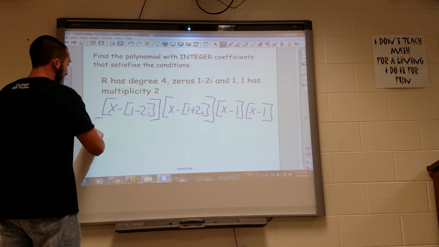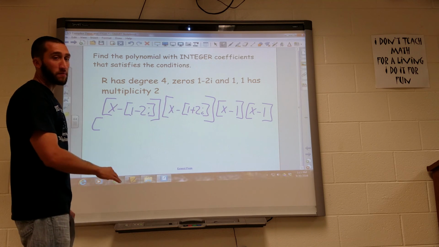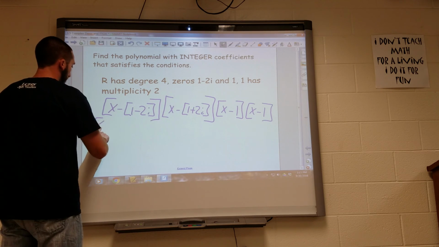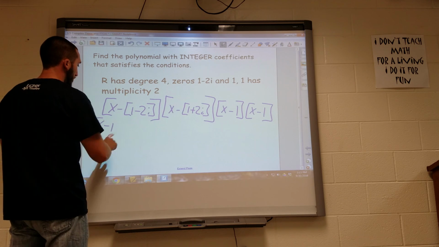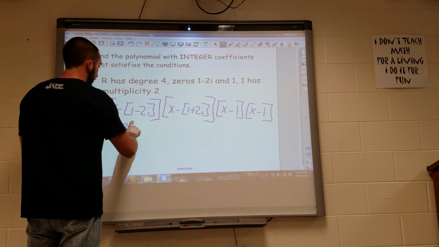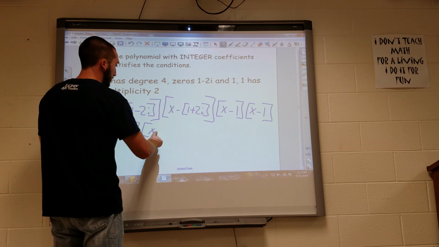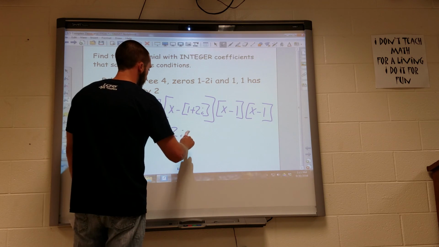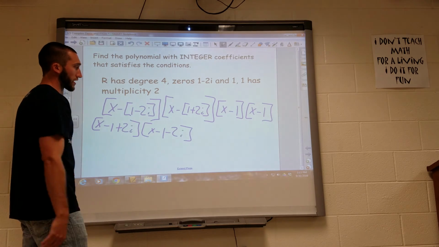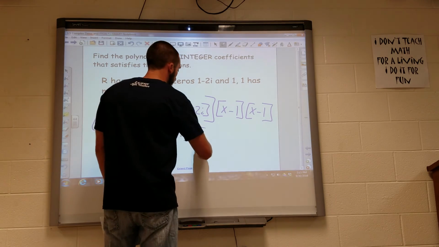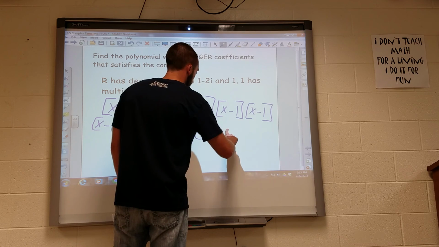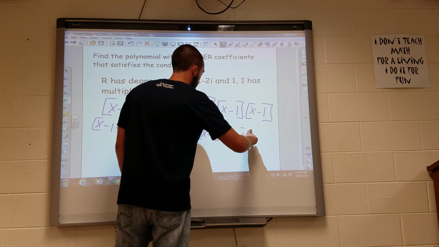So I'm going to simplify one more time before I FOIL it out. So I get x minus 1 plus 2i, if I distribute that negative sign. And then x minus 1 minus 2i, if I distribute that negative sign. And then I still have my x minus 1 and my x minus 1.